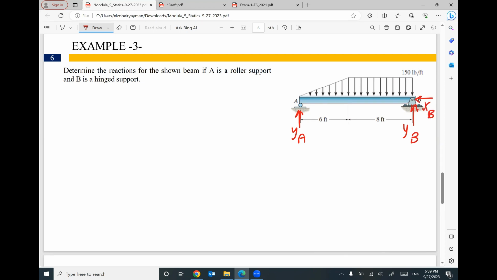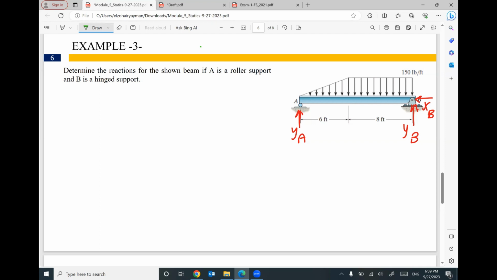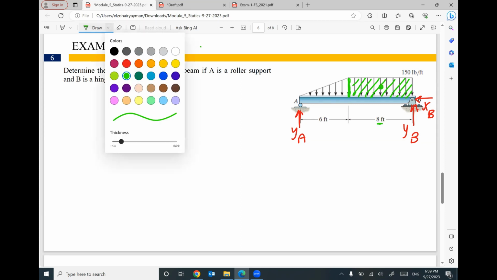This distributed load, what do you think? What should I do? If you divide it to rectangle, this rectangle has a centroid at the midpoint of 8. So we will have equivalent here.